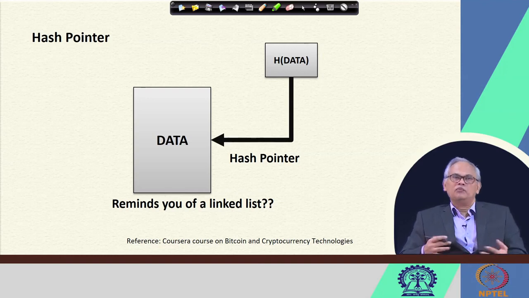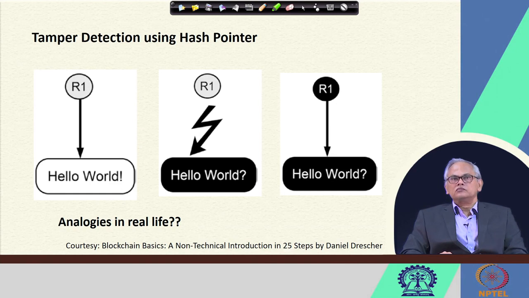Rather, if we have an application where we will store data so that the data will not later be modified, but it can be checked whether it has been modified and it can be retrieved later following the pointer, then that would typically be an application where there will be meaningful use of hash pointers, and indeed blockchain is one such application, as we will see very quickly. Now, this is a way to show you how this tampering of the data gets detected when you are using hash pointers.